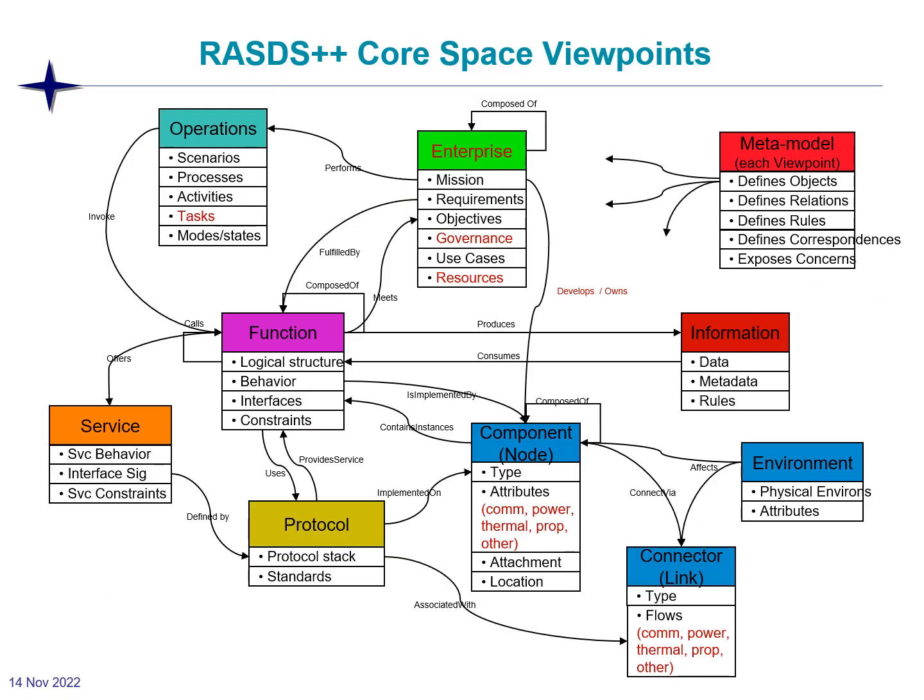So with these core viewpoints, I should emphasize that these are core. Individuals can add viewpoints if they find they're necessary, but we think most people can catch most aspects of space systems under these viewpoints. But you see here the interrelationship between, for example, enterprise and operations, or enterprise and the component.